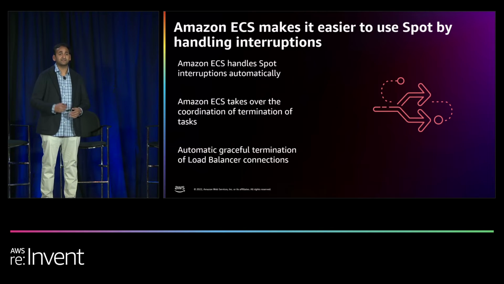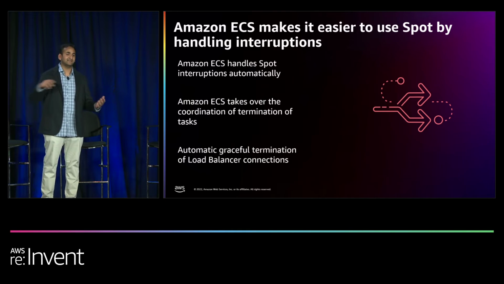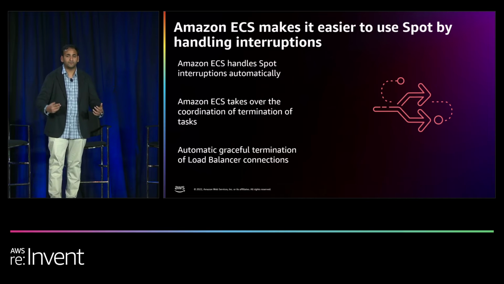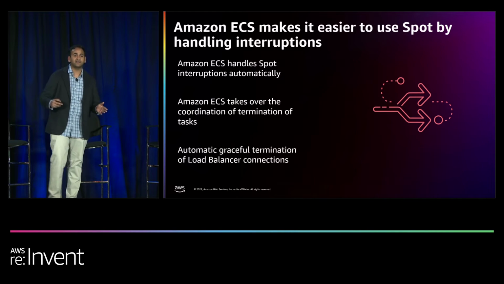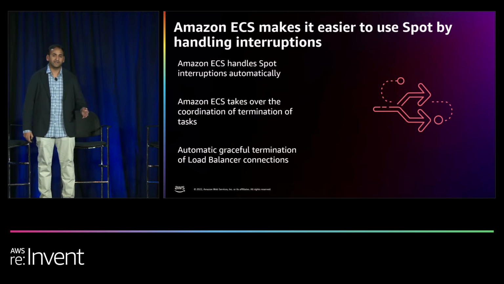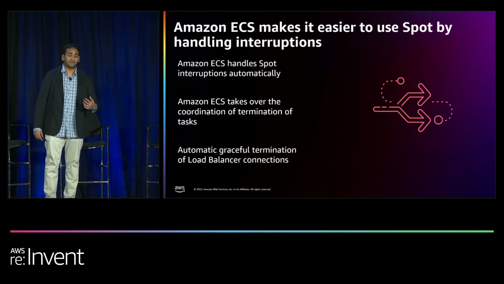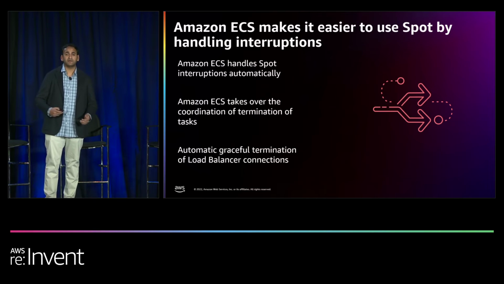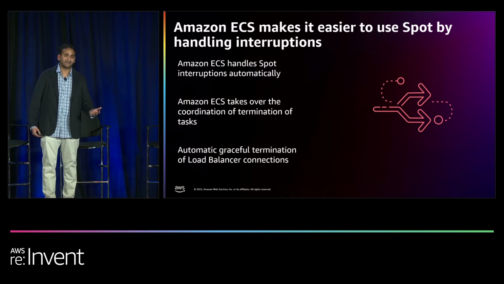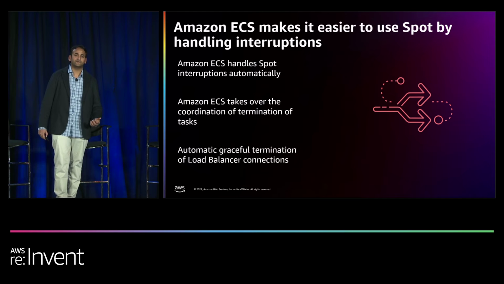What that means is ECS ensures that all outstanding requests are processed, and once that is done, ECS tells the container that it should shut down. There are a few load balancer configurations here that you need to be careful of when you're running applications with Spot on ECS. However, that is best practice, and doing that allows you to benefit from the steep discounts that Spot can offer.